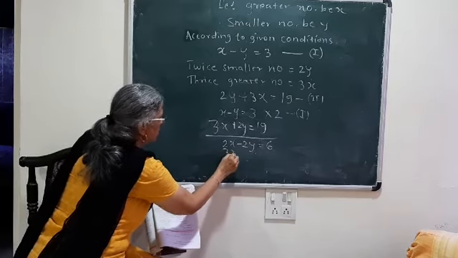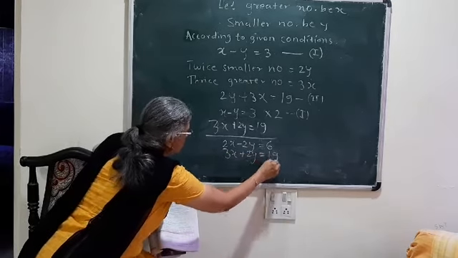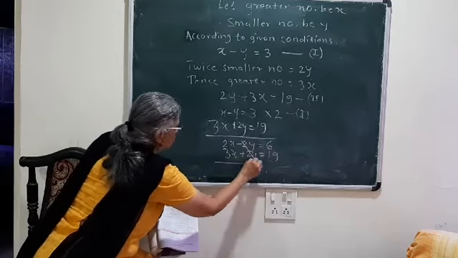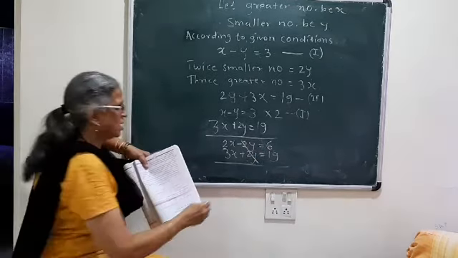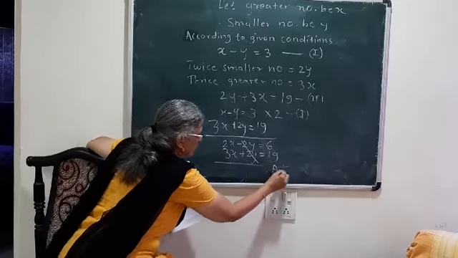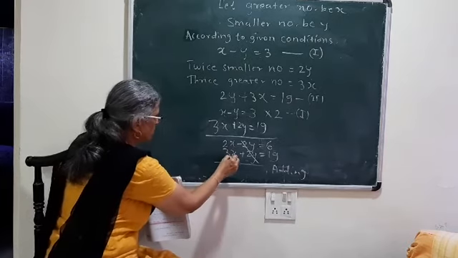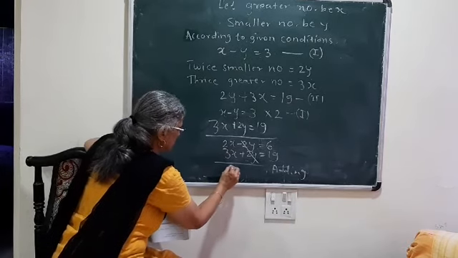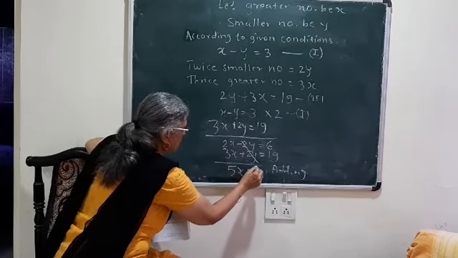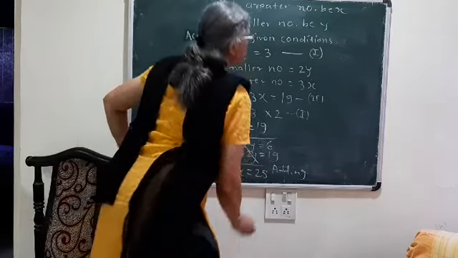And here 3x plus 2y is equal to 19. It is not necessary to change the sign; we are adding. So 2x plus 3x is 5x is equal to 19 plus 6 is 25. So we have x is equal to 5.